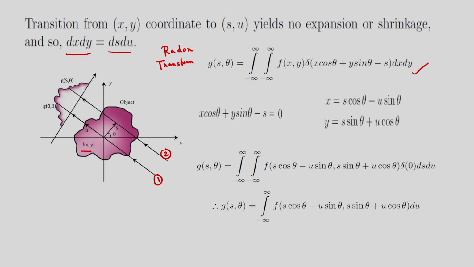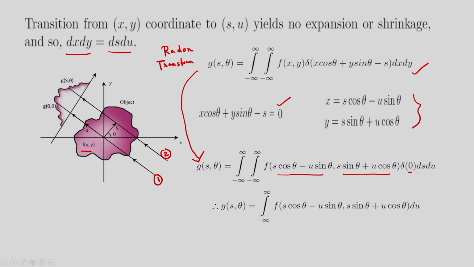Corresponding to line number 2, my equation is x cos theta plus y sin theta minus s. And we have the values of the x and y coordinates: x is equal to s cos theta minus u sin theta, y is equal to s sin theta plus u cos theta. Putting all these values in the Radon transform equation g(s, theta), x cos theta plus y sin theta minus s is equal to 0, so I am considering delta 0.